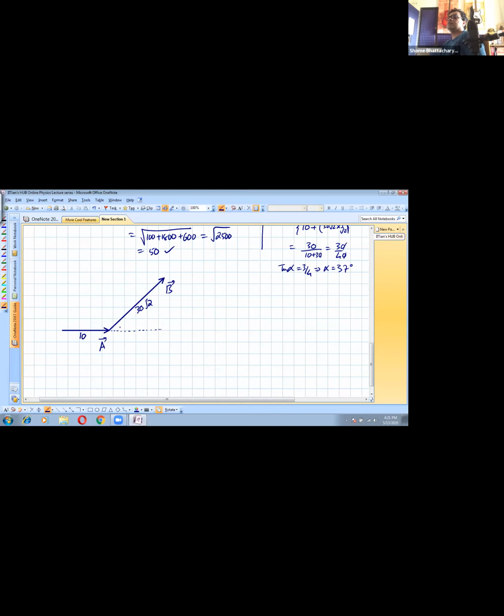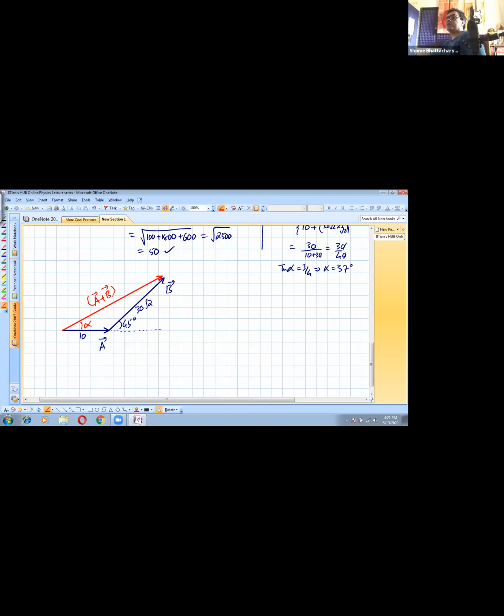And this angle here is 45 degrees. So the resultant here would be this one. So this is how our vector triangle would look like. And this would be our angle alpha.